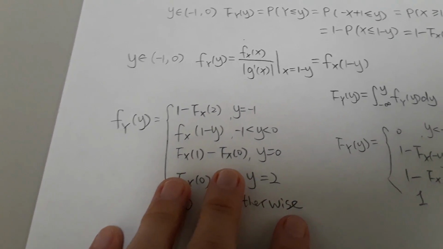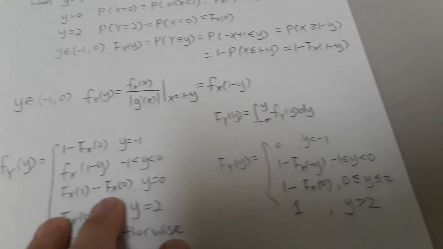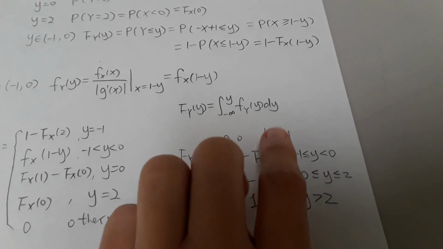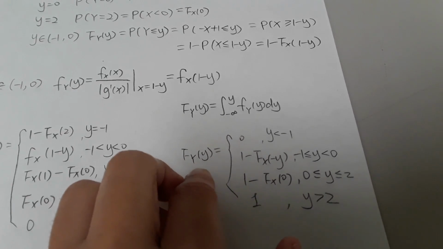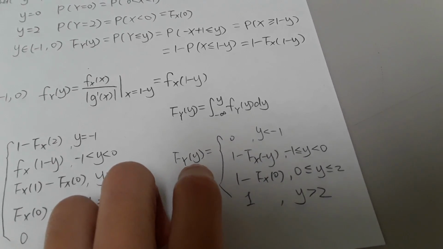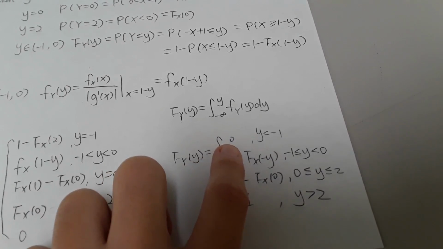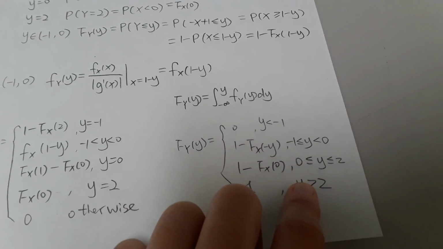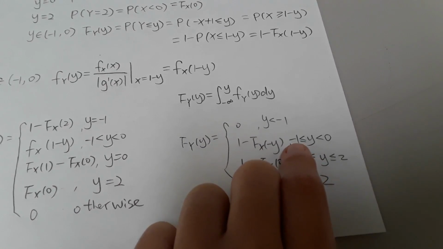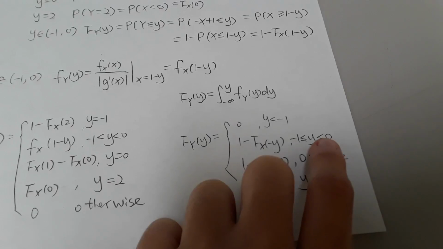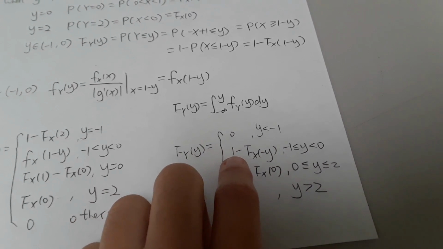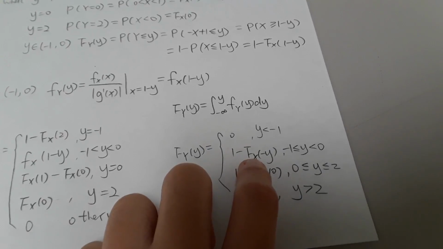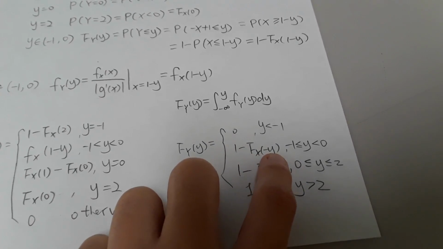And for the distribution function of y, when y is less than minus 1, the distribution function F_Y(y) equals 0. And if y is ranging between minus 1 and 0, the distribution function equals 1 minus F_X(1 minus y).